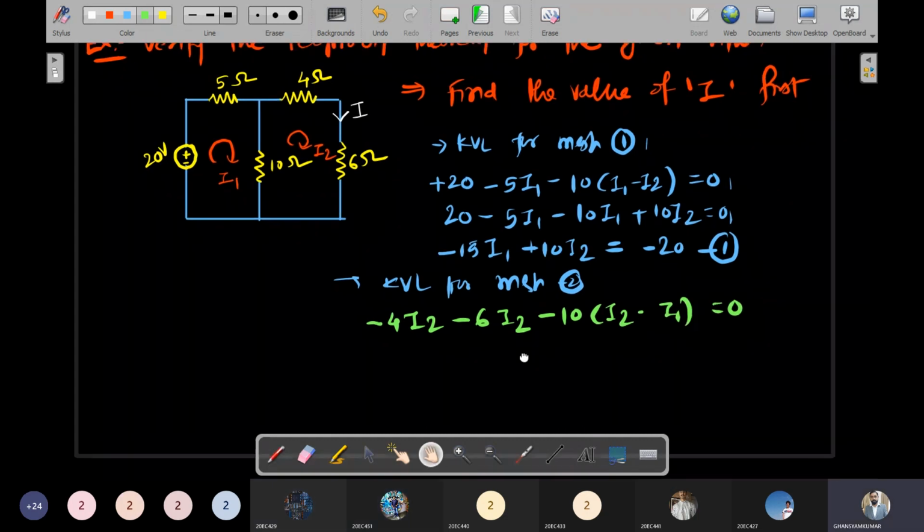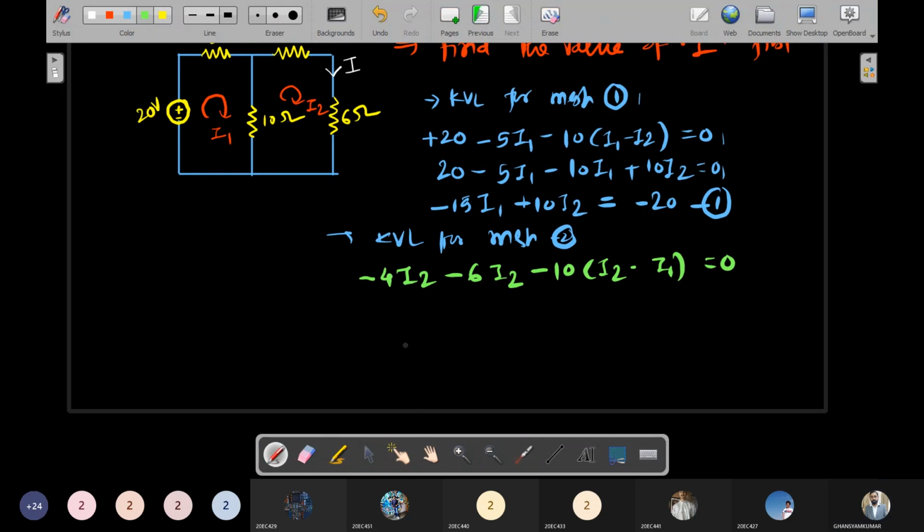Now just simplify this one. It will be minus 4 minus 6, that is minus 10, and then minus 10, so minus 20 I2, and plus 10 I1, equal to 0. This is going to be equation number 2.